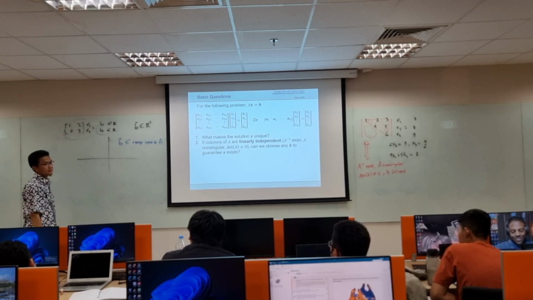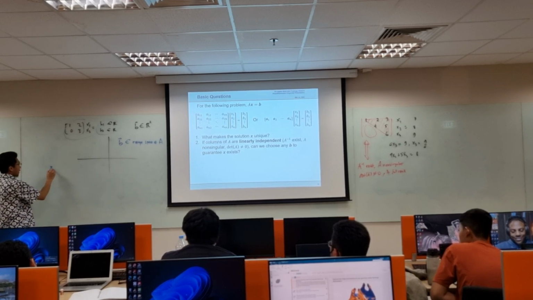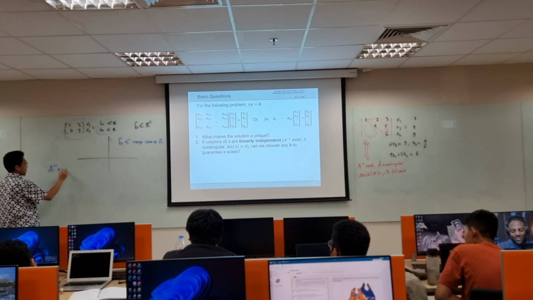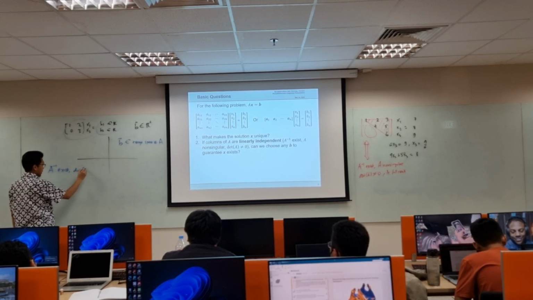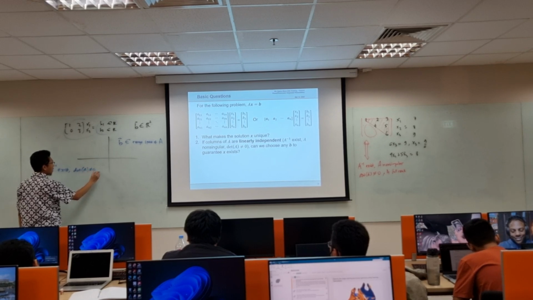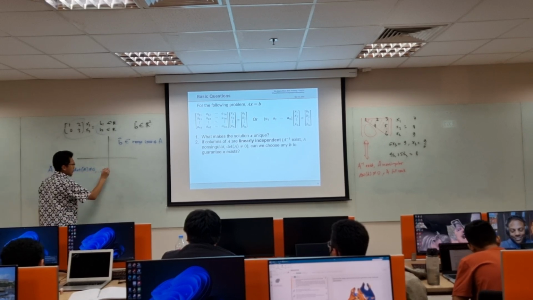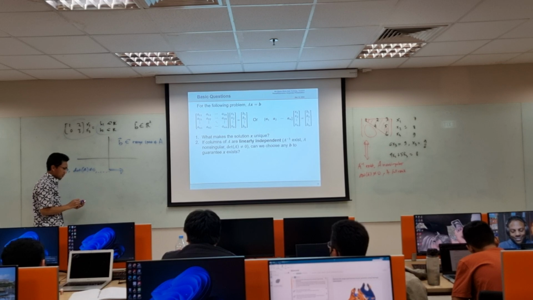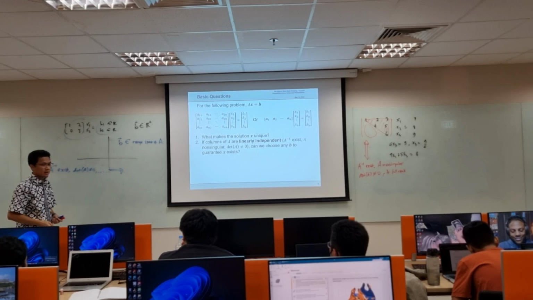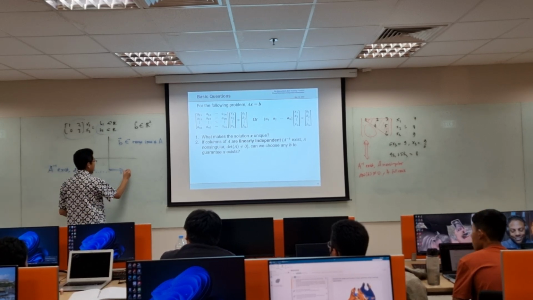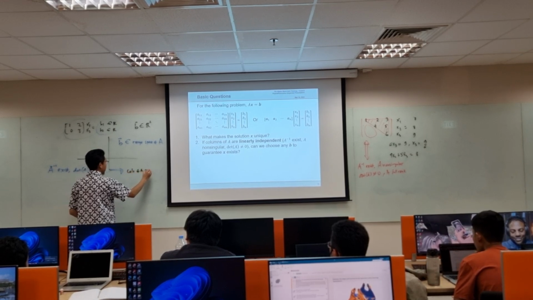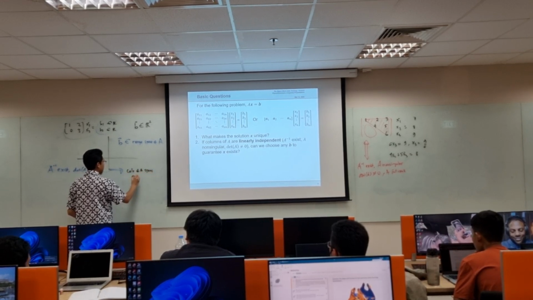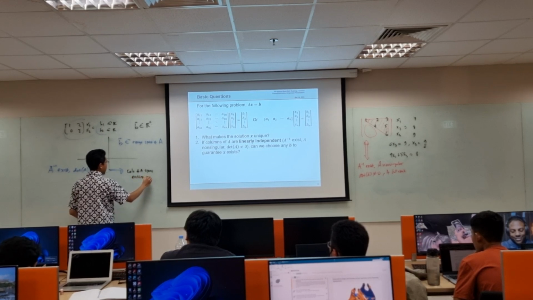Because A inverse exists and determinant of A is non-zero, and all of those conditions, the effect is that the columns of A span the entire vector space.